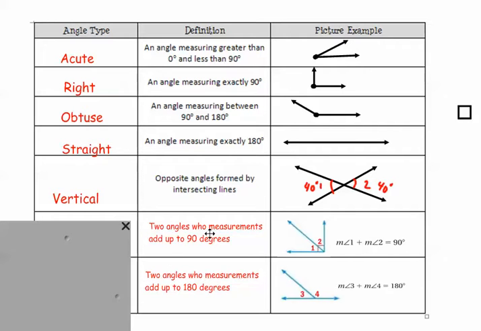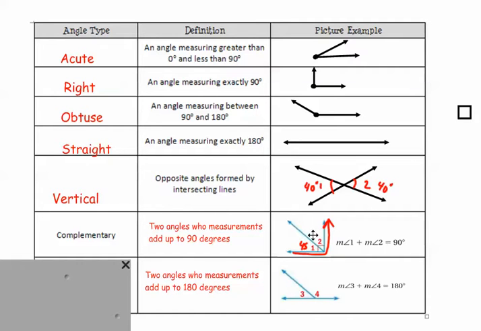All right, next one. Two angles whose measurements add up to exactly 90 degrees. That's called a complementary angle. Two angles. Do you see this 90-degree angle right here? If this one looks like 45, then 45 plus 45 equals 90. Let's say here's another one.